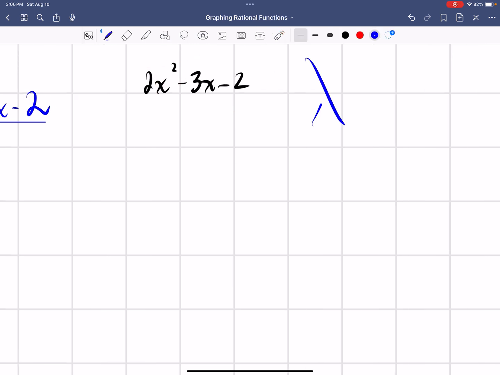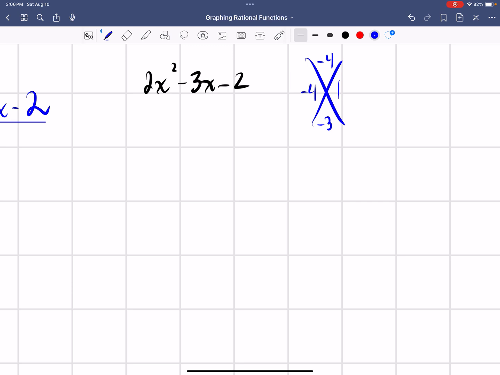Some people like to guess and check, but what I do is I multiply a times c, so 2 times negative 2 is negative 4, and then I put b, negative 3, at the bottom of this little cross, and I try to find two numbers that multiply to the top and add to the bottom. So what multiplies to negative 4 and adds to negative 3? Well, that'll be negative 4 and 1.